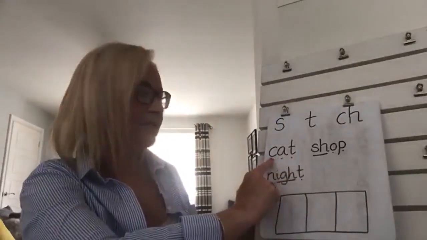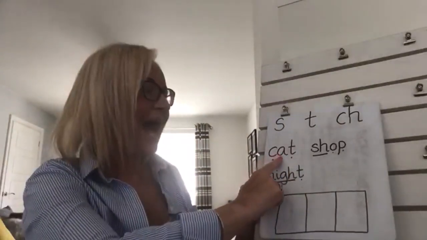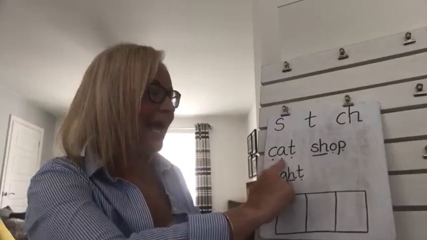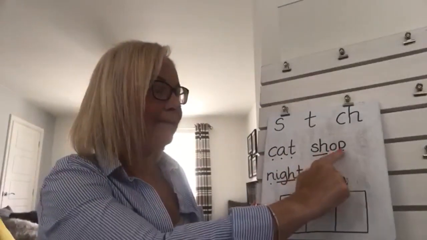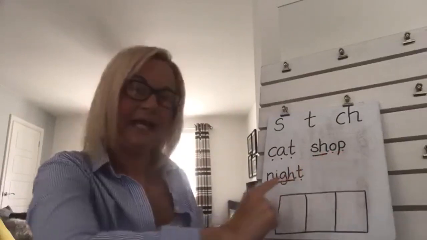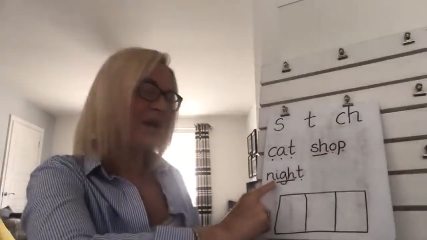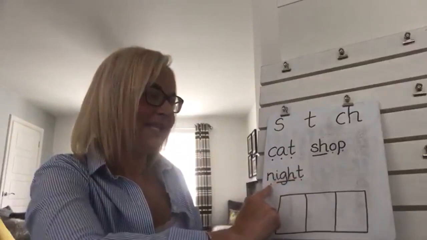So for example, in this word we've got k, a, t, cat. This word we've got sh, op, shop. And in this word we've got n, i, t, night.